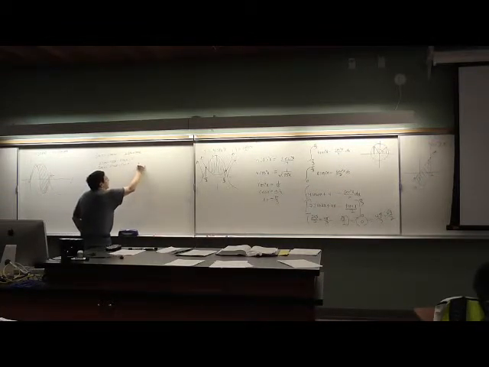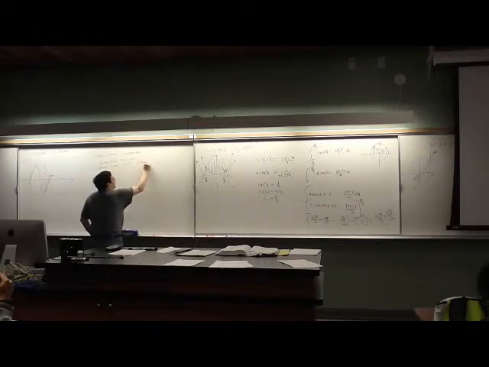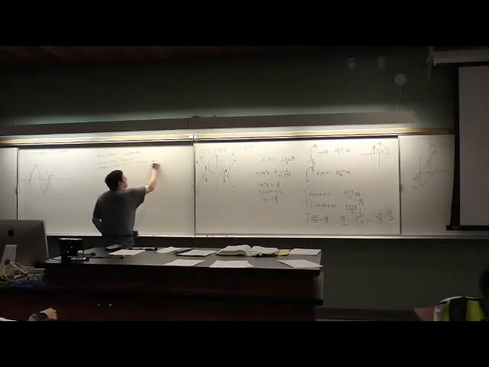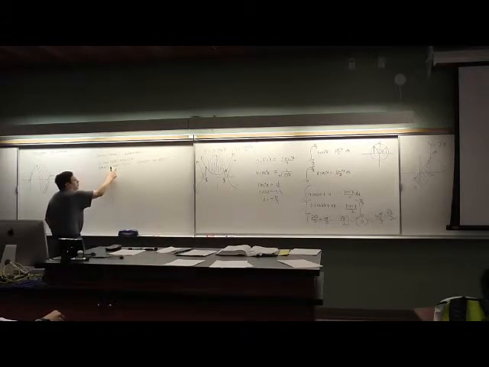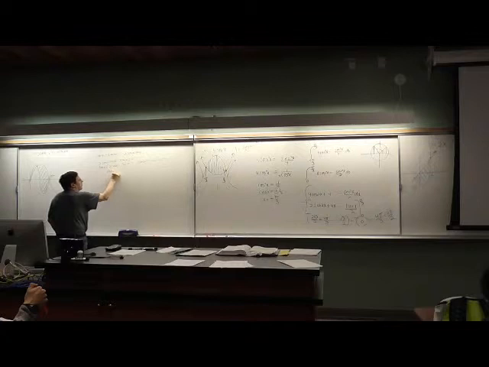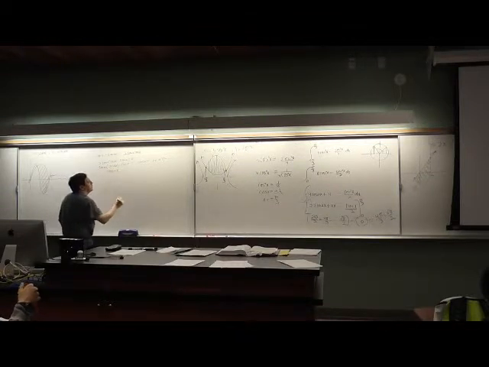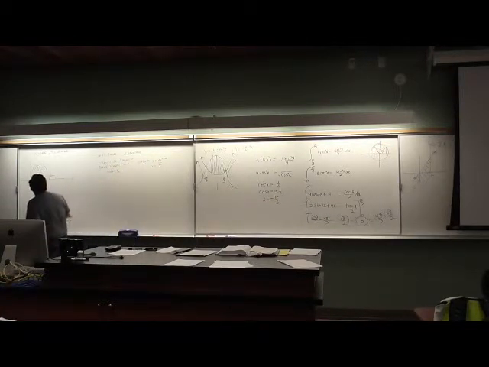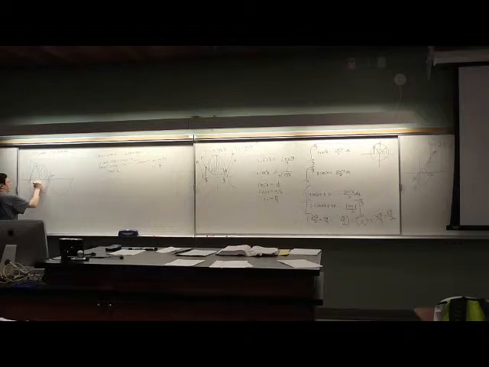Either sine of x equals 0, which gives us these 2 points here, 0 and pi, right? Or 2 cosine x minus 1 equals 0, which means cosine of x equals a half, which means x equals, in this case, pi over 3. That's what this is, pi over 3.